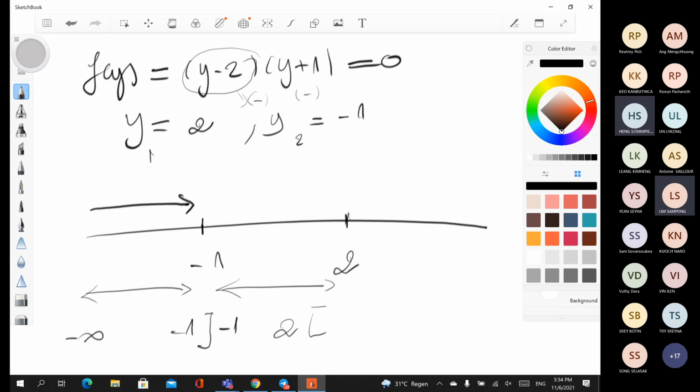Yeah, negative. So y minus 2, the value is less than 2, it means that it must be negative. And y plus 1, in this case greater than minus 1, it means that it is positive. So positive multiplied by negative.